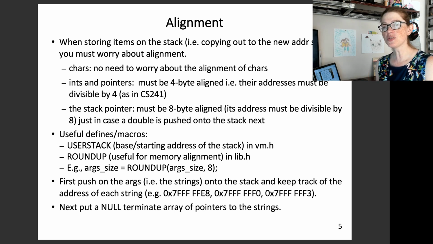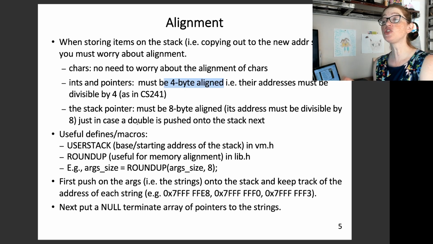So for example, in OS 161, characters do not need to be aligned at all. A character can live at any address you want. But an integer, well, not an integer, I'm going to have to correct this slide. Pointers have to be 4-byte aligned. What that means is a pointer can only live at an address, and specifically a pointer to a string has to live at an address divisible by 4.